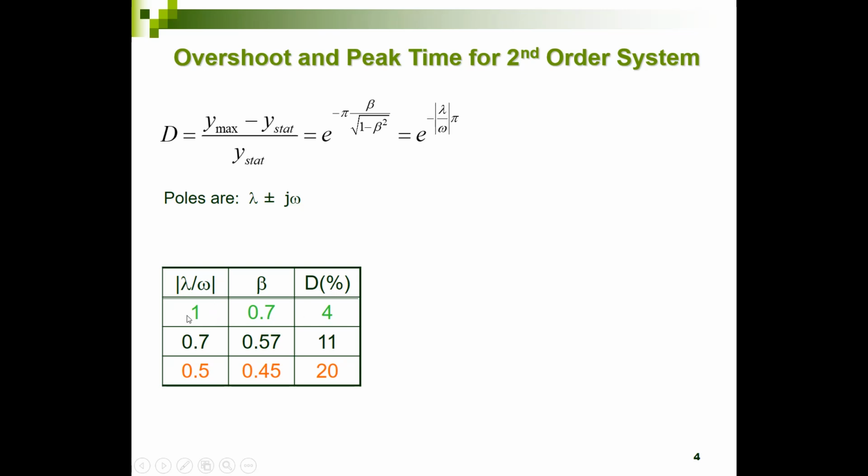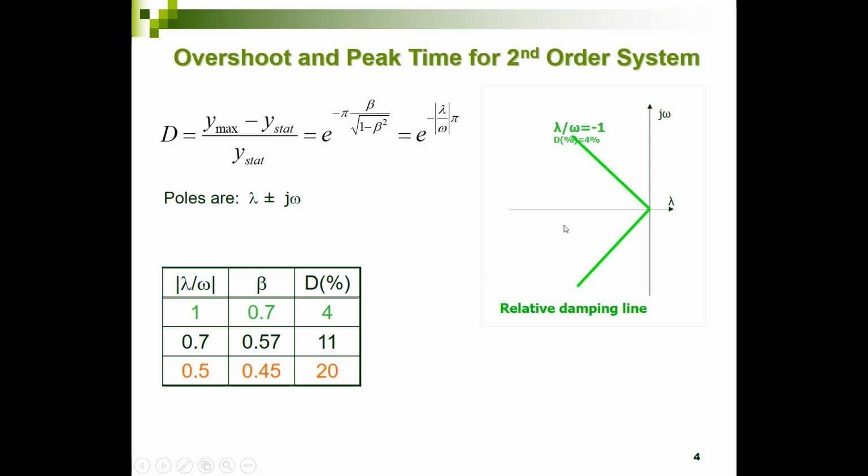And this value of lambda over omega yields an overshoot of 4%. When lambda over omega is 0.7, then the overshoot is 11%. And when lambda over omega is 0.5, then the overshoot is 20%.